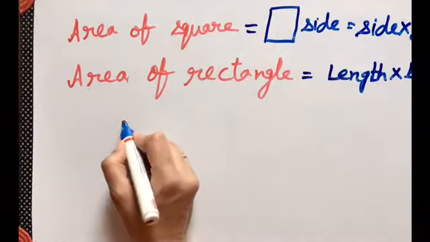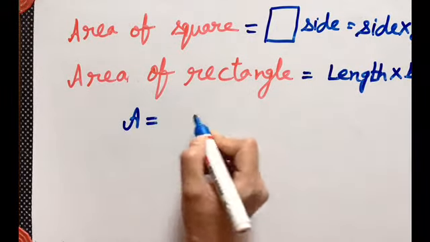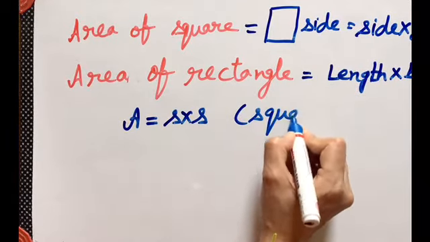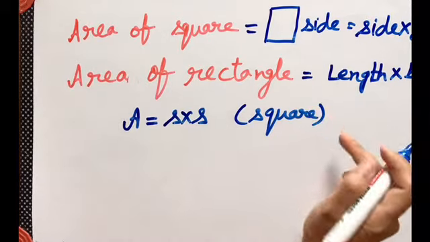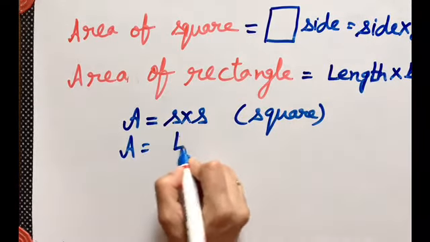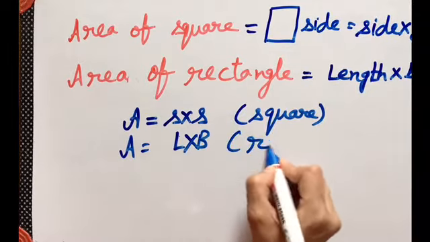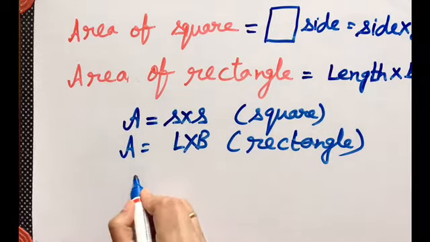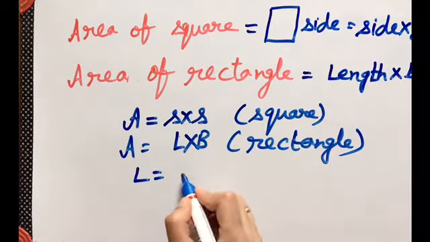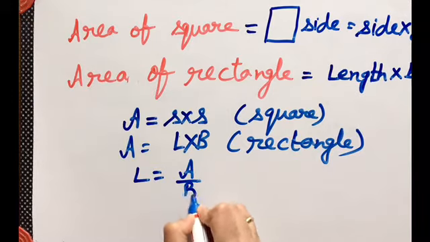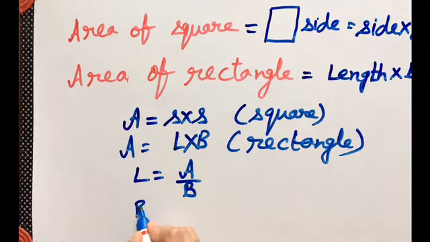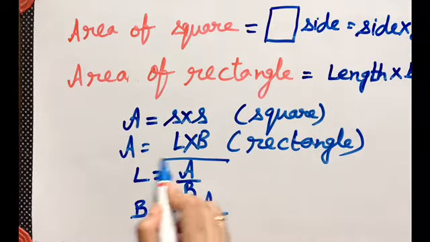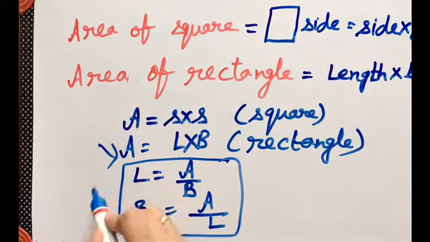In short form, we can write it like area is equal to S multiplied by S in case of square, and area is equal to L multiplied by B in case of rectangle. So from this, if you want to calculate the length, it will be area upon breadth. If you want to calculate the value of B, then it will be A upon L. These are the two formulas that we have found from this area.